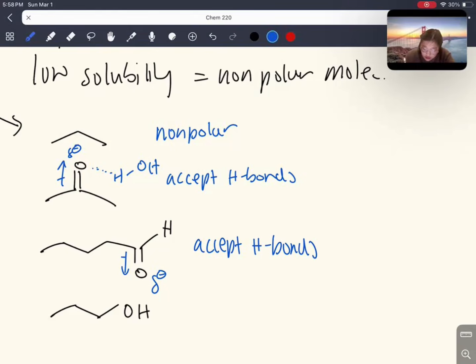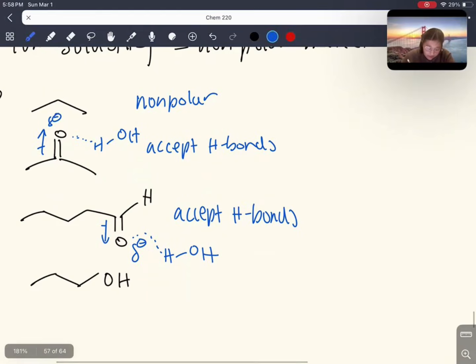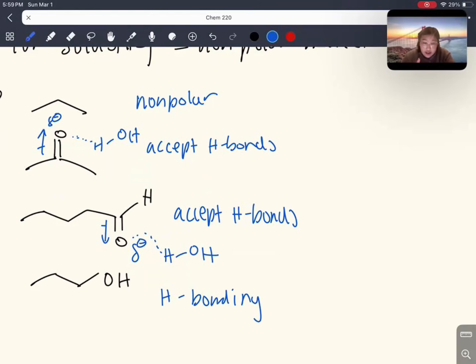And so you can imagine if you had a water molecule, the oxygen can interact with the hydrogen of the water. And then you have propanol. Propanol can participate in H bonding, can accept H bonds, and it can donate H bonds. It has the OH group, the hydrogen is directly attached to the oxygen.